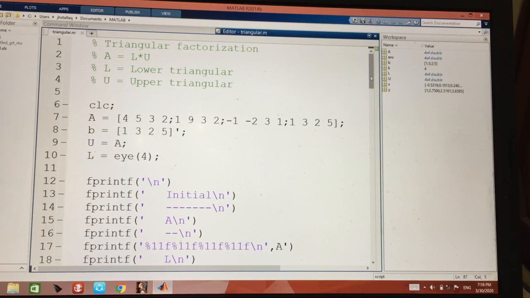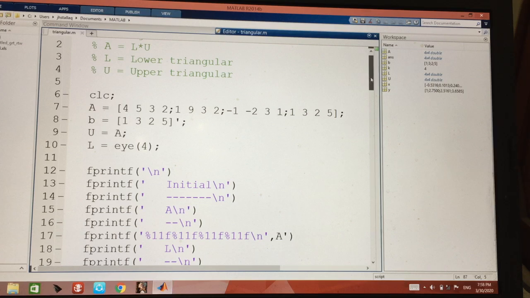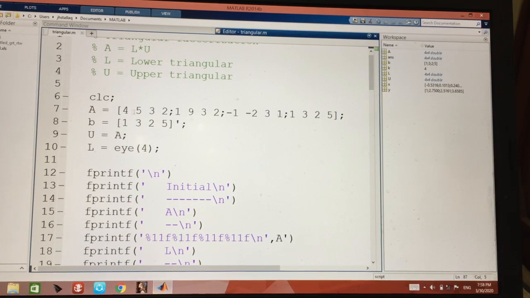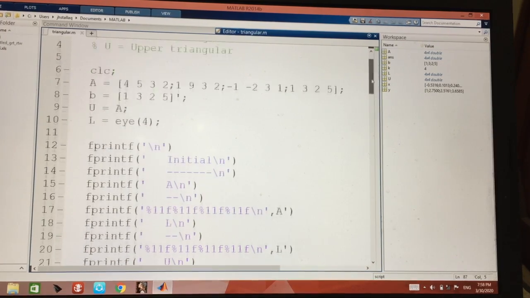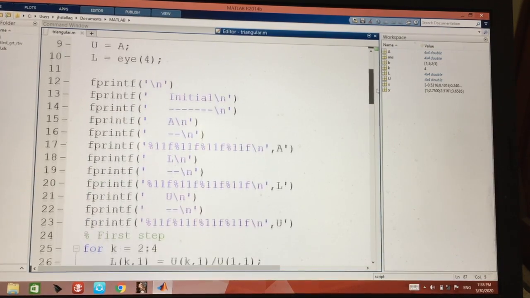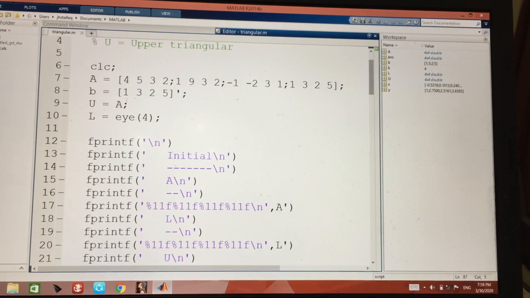If you like, this is a 4 by 4 matrix. You can make it a 5 by 5 matrix. Then B will have 5 elements, so you add another element there. But modify the program in this way. The initial step is the same. Instead of L equal I4, you make it L equal I5 here.